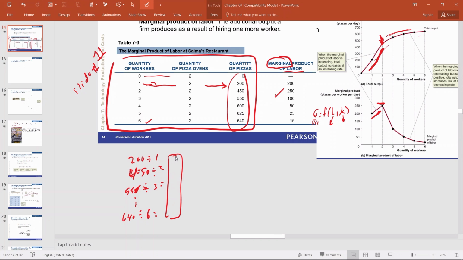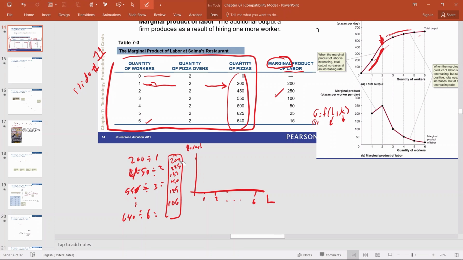All these numbers, at each level, are the average production per unit of labor. If you draw a graph, this is labor, 1, 2, until 6, and this is production. I calculated the average production for each one. It starts from 200, goes to 225, then it decreases.